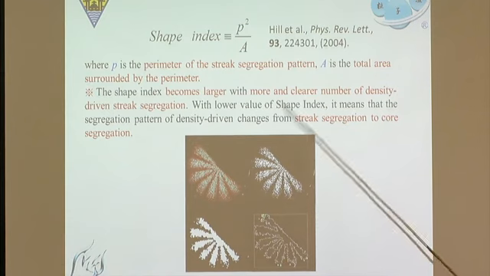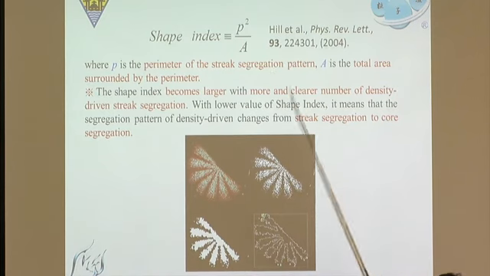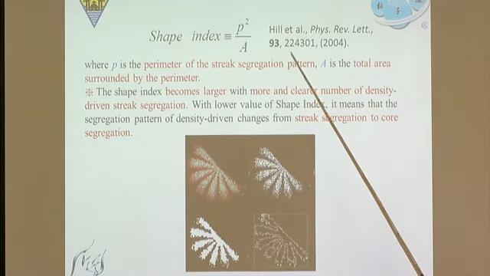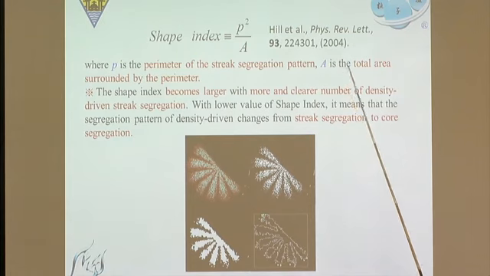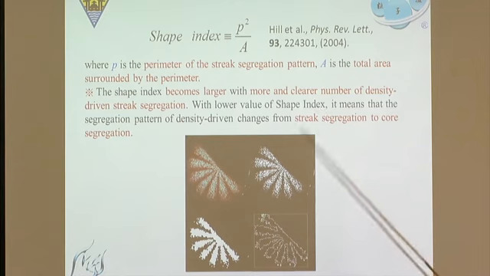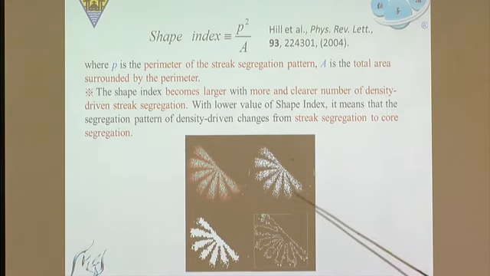If P squared divided by A is large, it means there are more streaks. If it's small, it means fewer streaks or almost no streaks. So this number can characterize the number of streaks and the type of streaks.